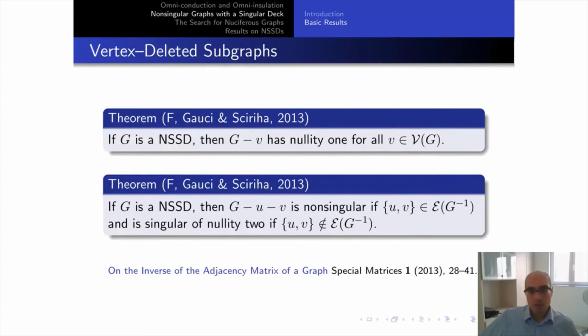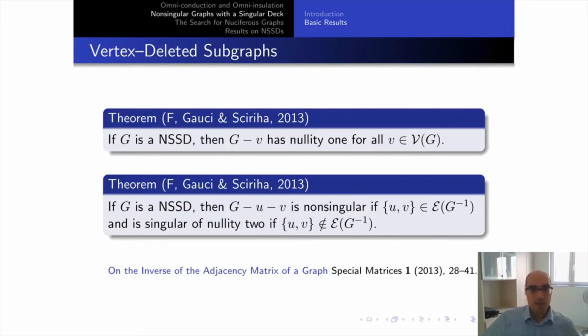What is more interesting is what happens when you remove two vertices from an NSSD. And this is really important for us because when you end up with a non-singular matrix when you remove two vertices, that happens exactly when the entry in the inverse at U and V is non-zero, which means, in other words, that the inverse NSSD has an edge there.